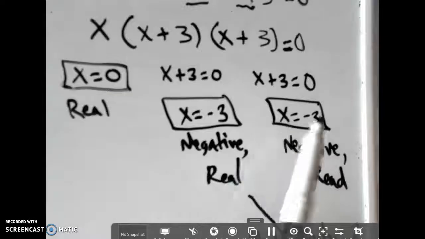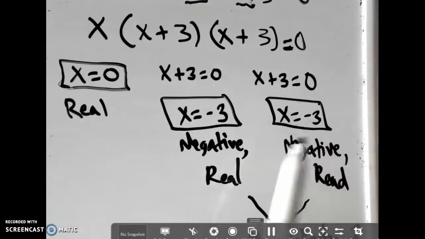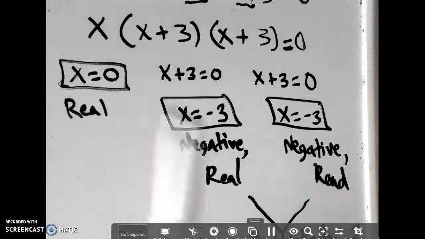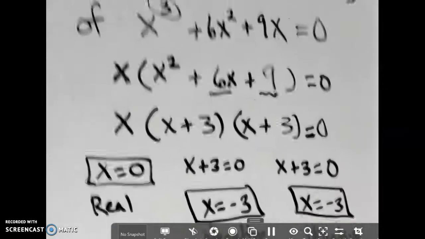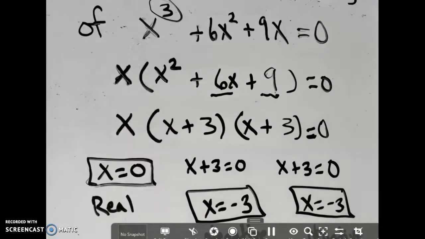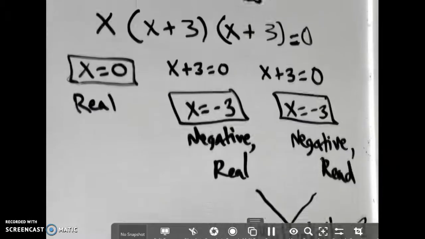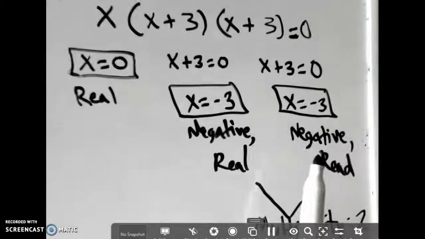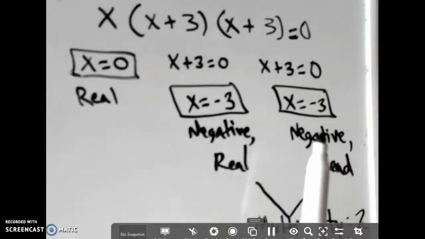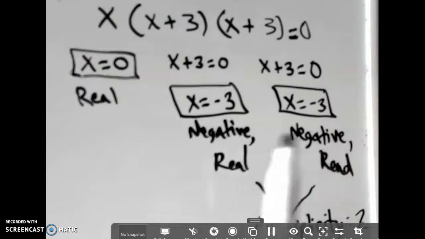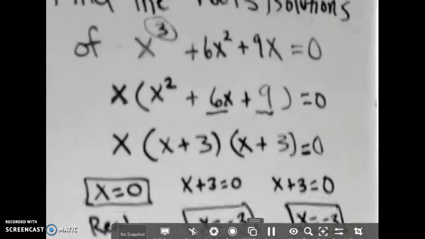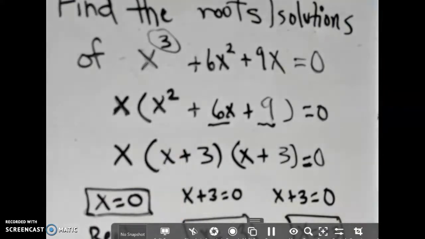Because if we hadn't considered this third root here, we would only have 2, which doesn't match our exponent or degree. But if we consider that multiplicity, that we have this root of negative 3 appearing twice, that's how we get to the fact that there are 3 roots, which should always be the case to match our largest exponent.